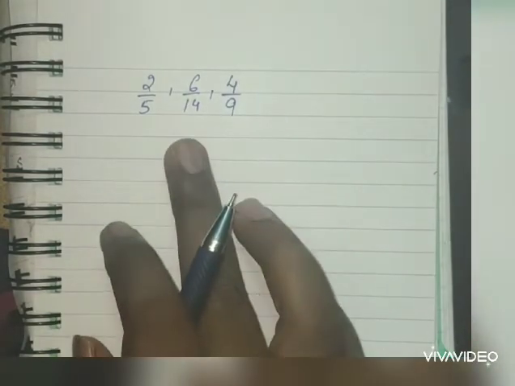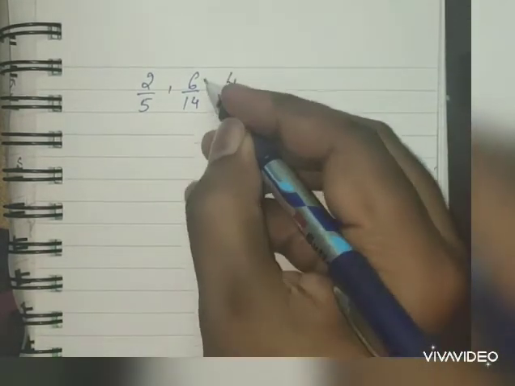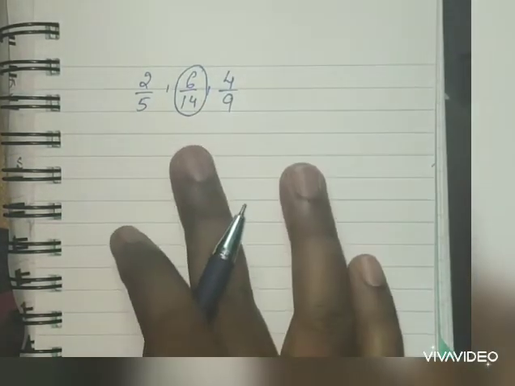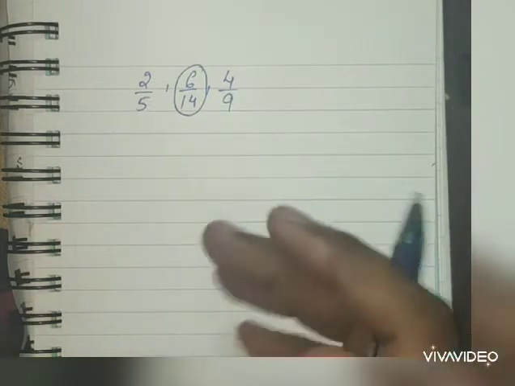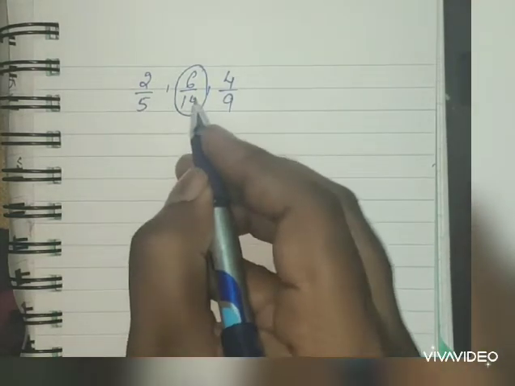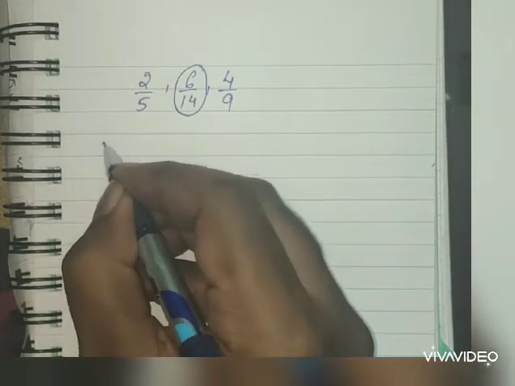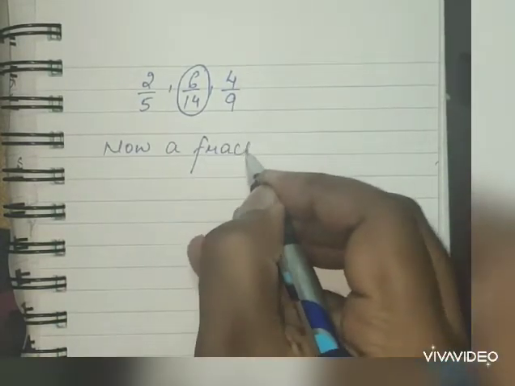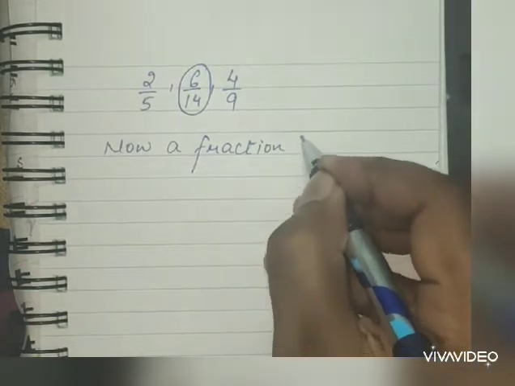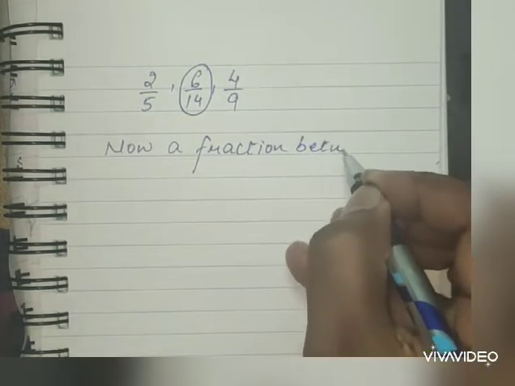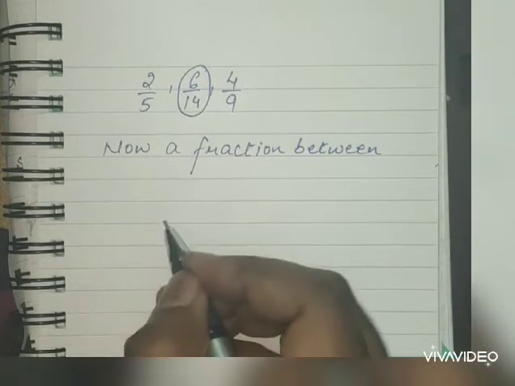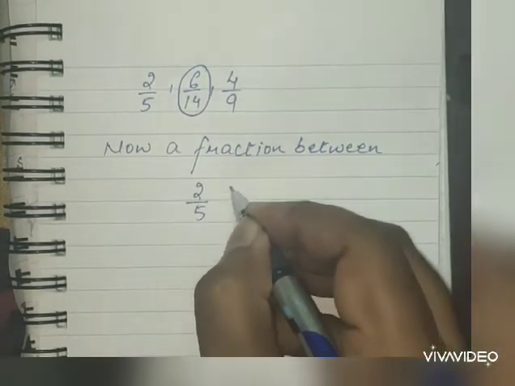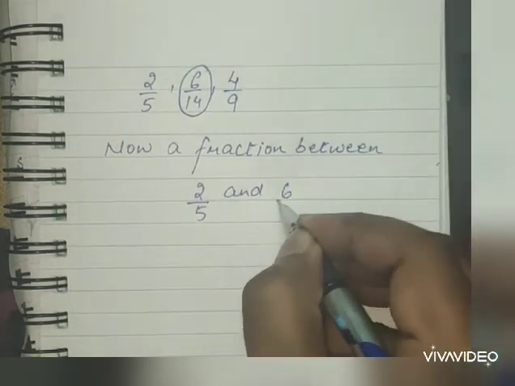Okay, so now you have found one fraction that is coming in between, and the question was saying that we have to find 3. So now we will find the other two. How? We will first take these 2. Now a fraction between 2 upon 5 and 6 upon 14.